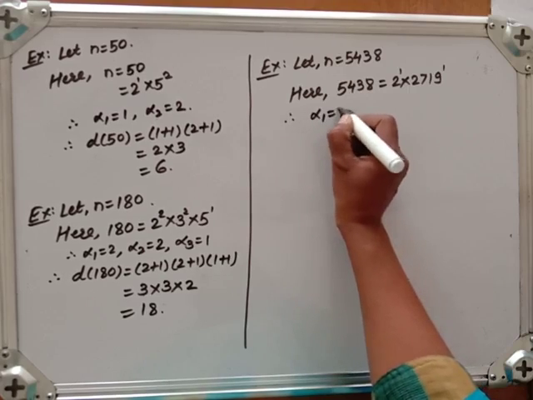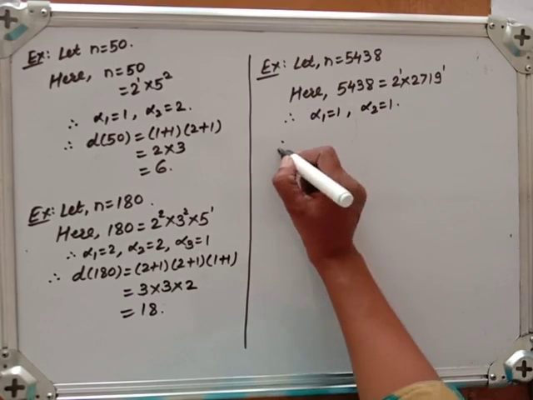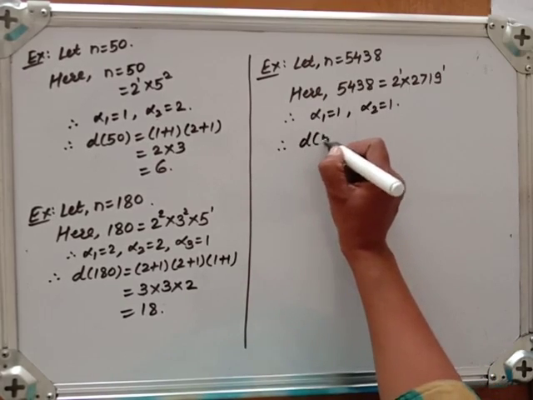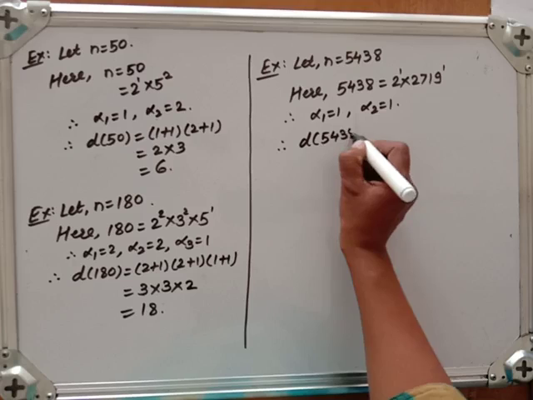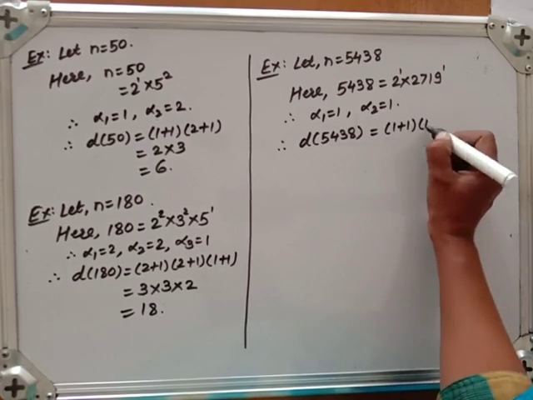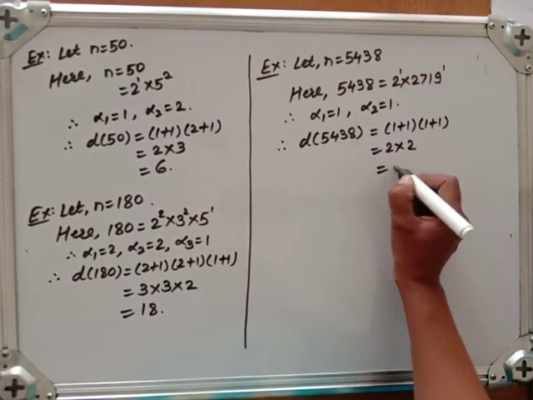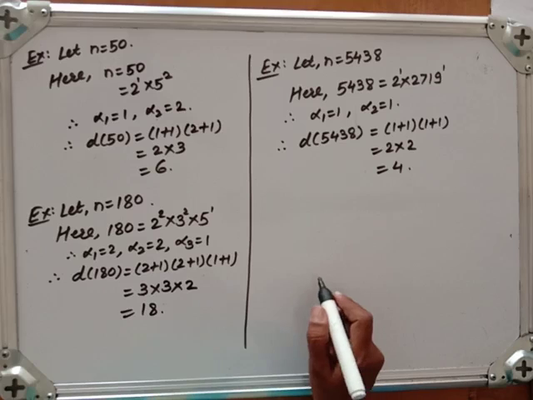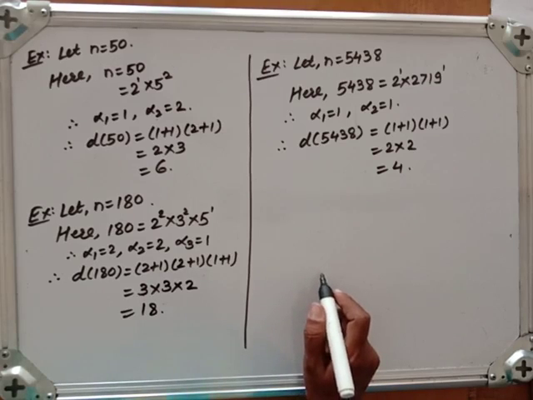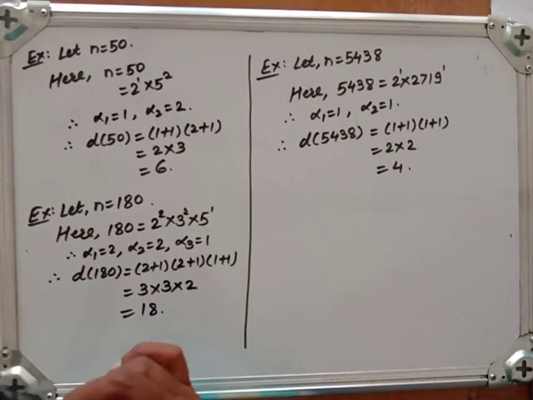Therefore alpha 1 is equal to 1 and alpha 2 is equal to 1. Therefore d of 5438 is equal to 1 plus 1 into 1 plus 1, that is 2 into 2, so it will be 4. Fine.